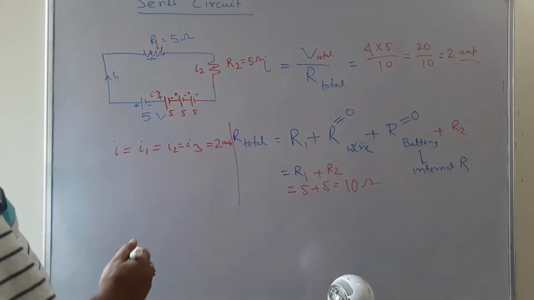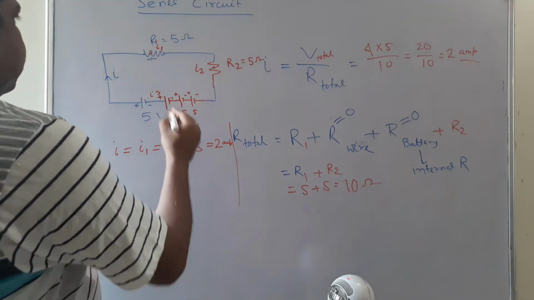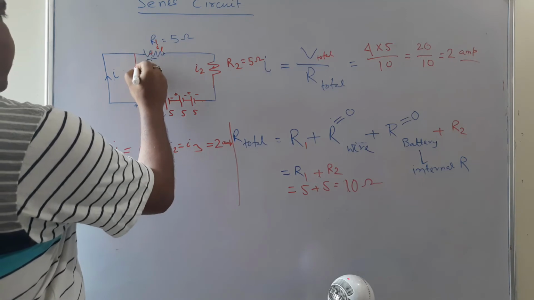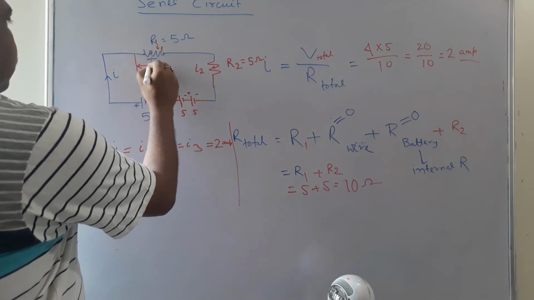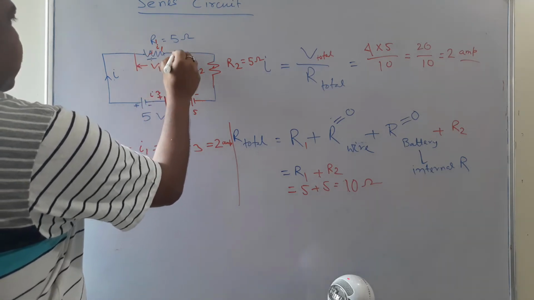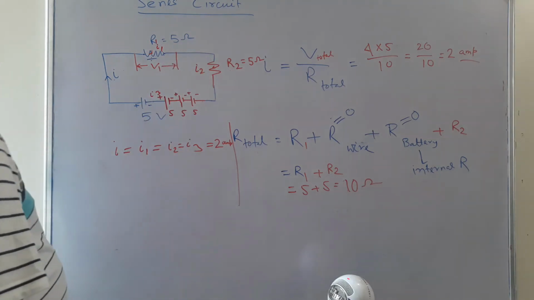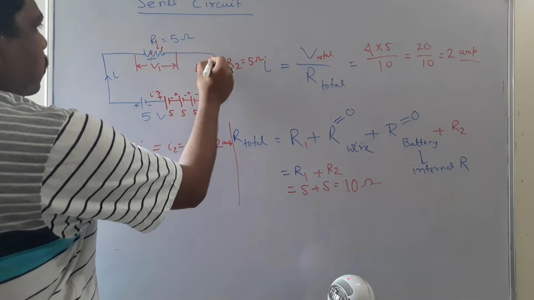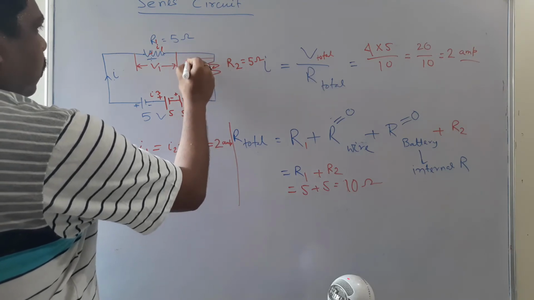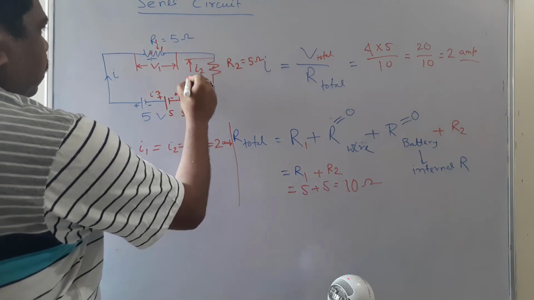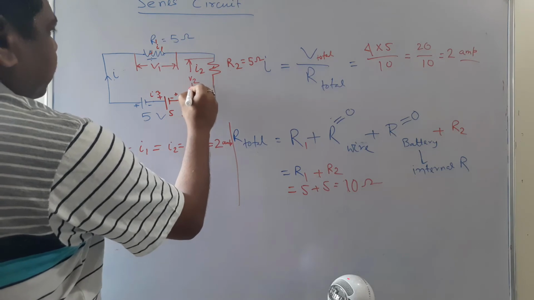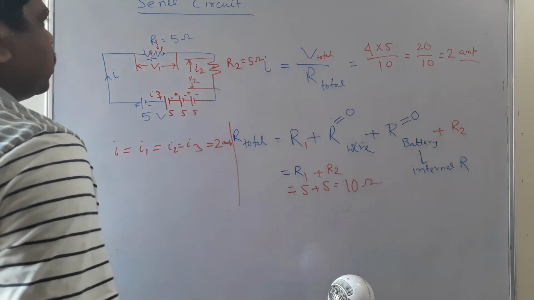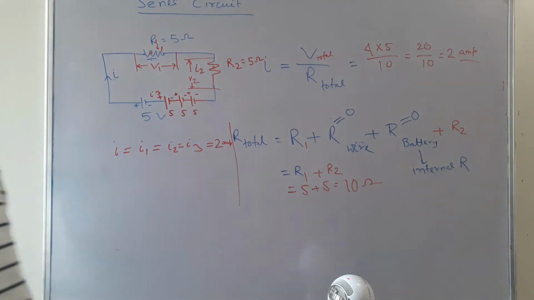Now can you find out the voltage across R1? Let's say this is V1, and the voltage across this R2. So basically if you connect a voltmeter across this resistance, what will be the voltage?